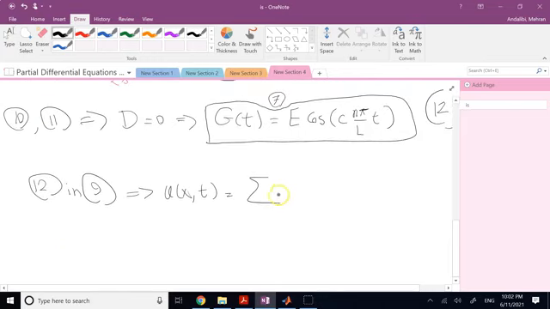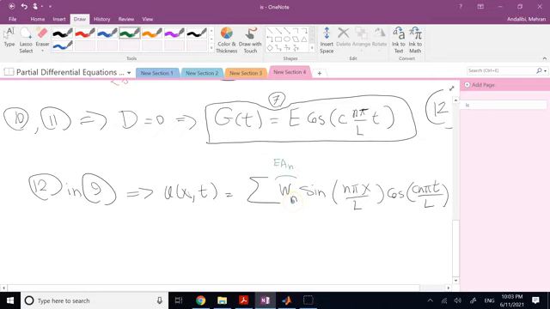I might just call it whatever, w of n, times sine of n pi x over l cosine of c n pi t over l, where again this w of n is simply a n times e.